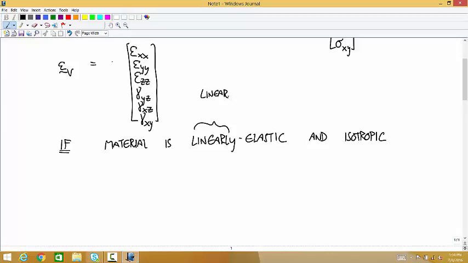So that's why the relationship is going to be a constant matrix. Otherwise, you have to go to more complicated math.